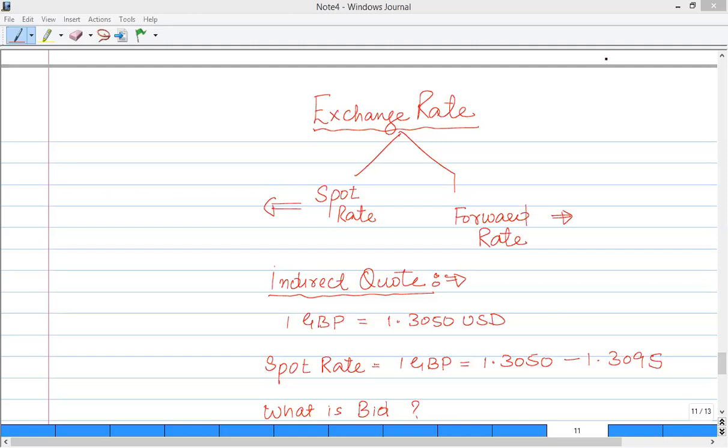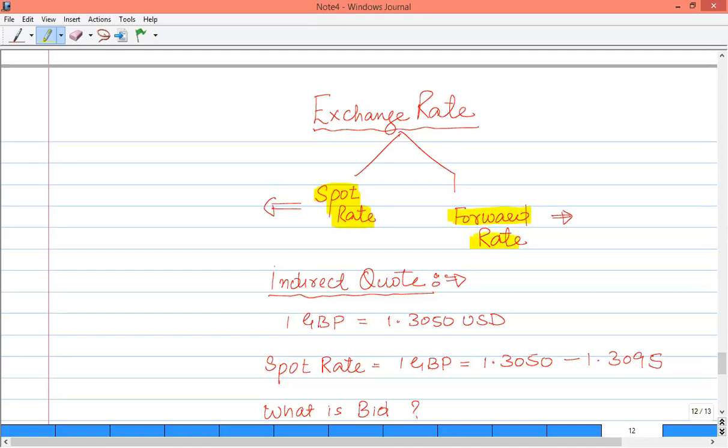You often see that the currencies of two countries are given according to a rate, and sometimes the rate is called the spot rate, and sometimes the rate that is quoted is the forward rate. So first of all, what is the difference between spot rate and forward rate? A spot rate is used when you have to purchase or sell currency immediately.